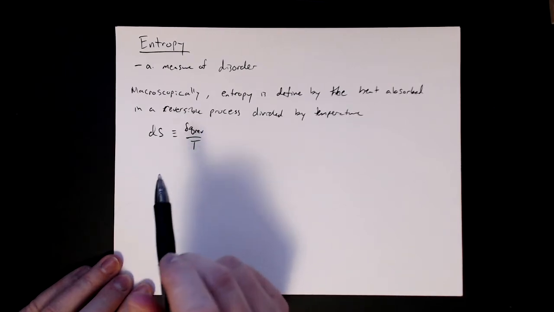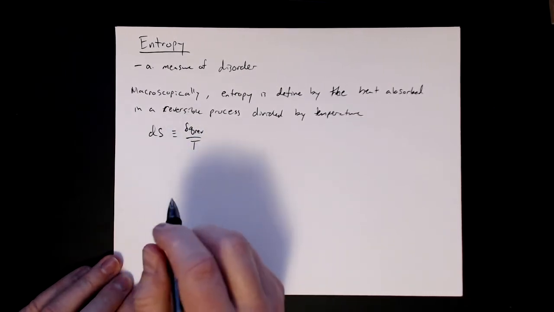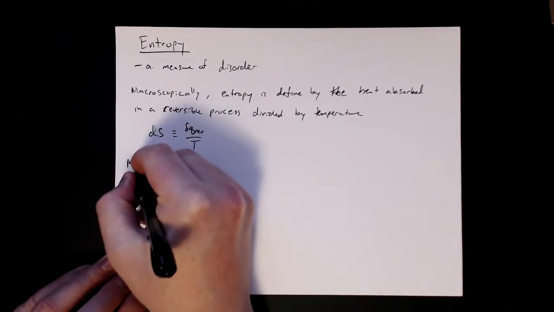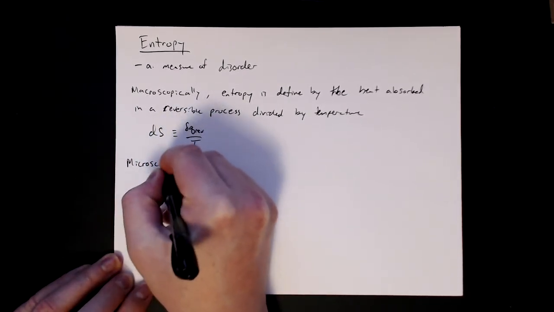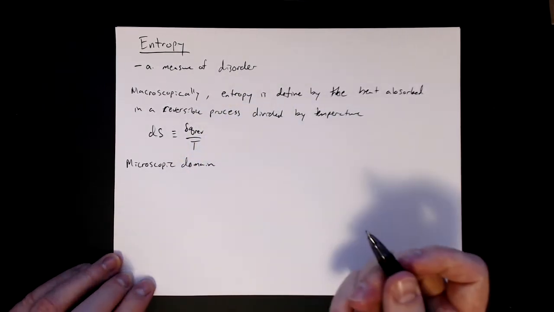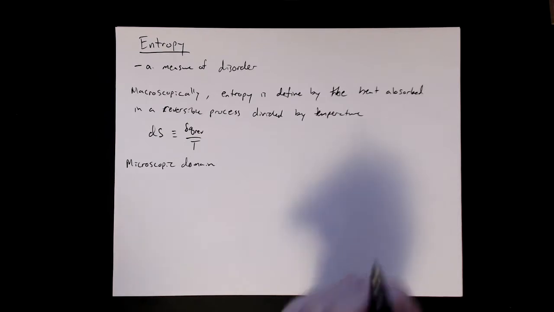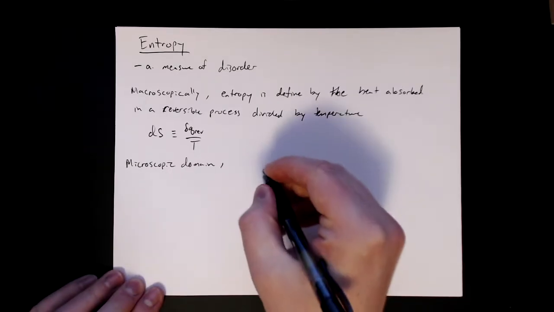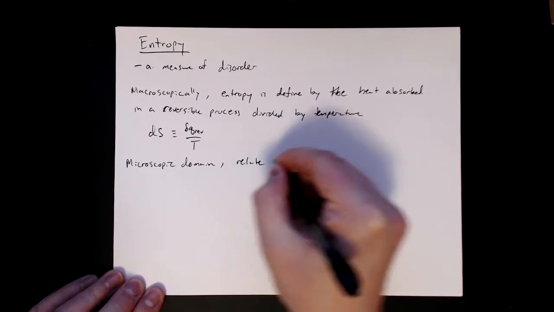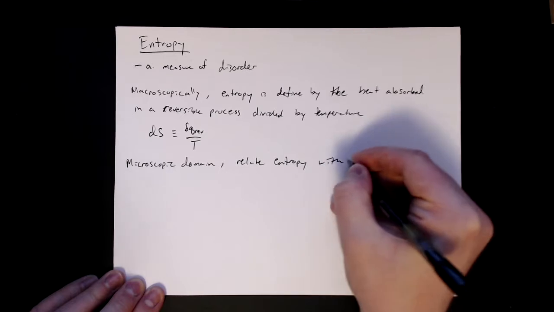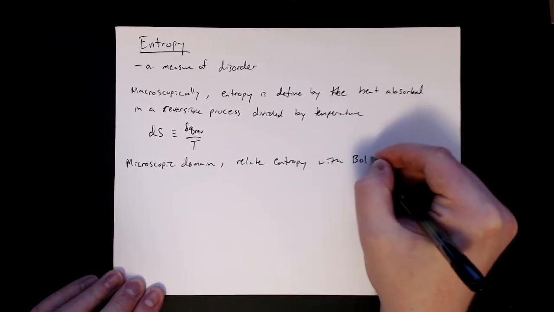A lot of times in materials, though, we like to look at it on the microscopic domain, because a lot of times we're thinking about particles or ions or electrons. And so in that case, we can relate entropy with what's called Boltzmann's equation.